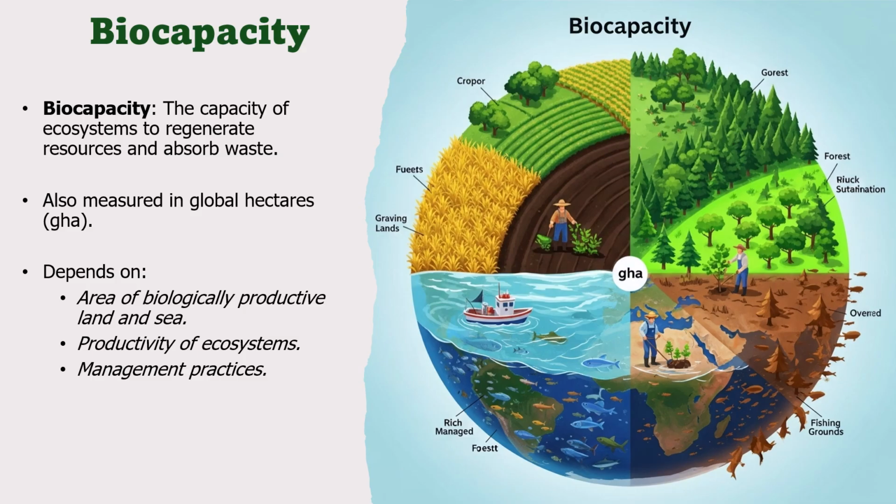The final factor is management practices, which play a major role. Sustainable farming, forest protection, and responsible fishing can enhance biocapacity while overuse and mismanagement degrade it. In short, biocapacity tells us how much nature is available to meet human needs, forming the critical baseline against which ecological footprint is compared.